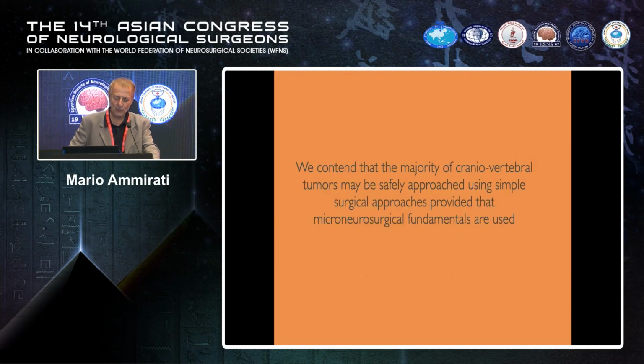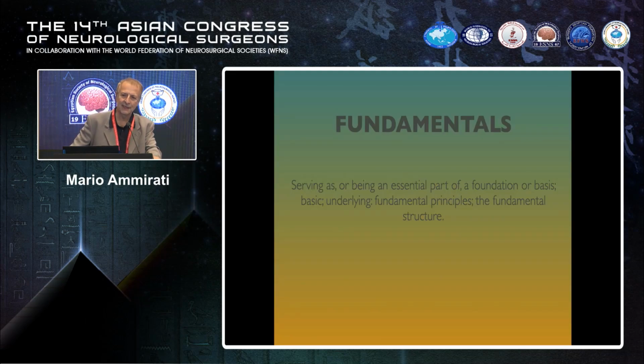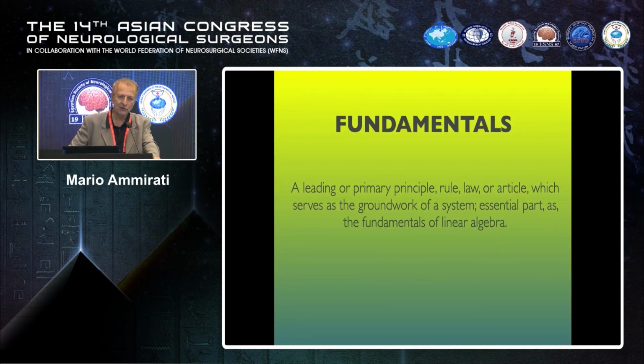We contend that the majority of craniovertebral junction tumors, no matter if they are neoplasm, non-neoplasm, or any pathology at the craniovertebral junction, may be addressed by using simple neurosurgical approaches, provided that you use microneurosurgical fundamentals.